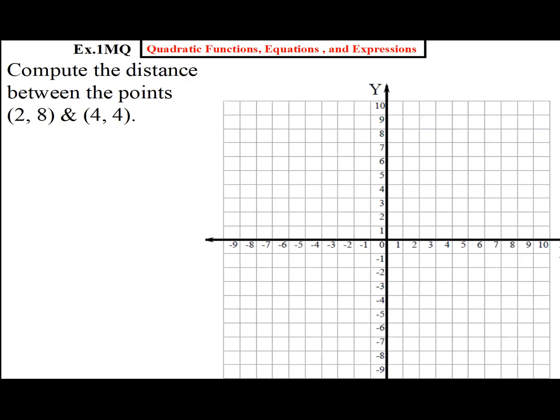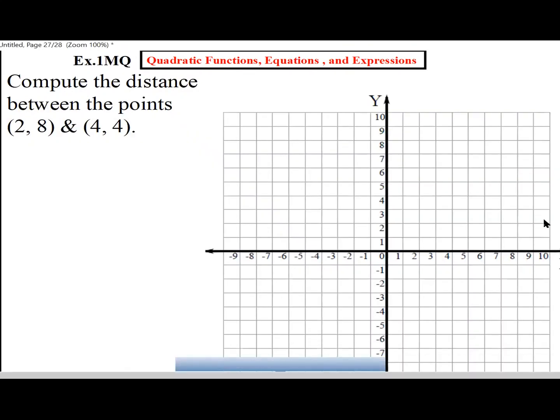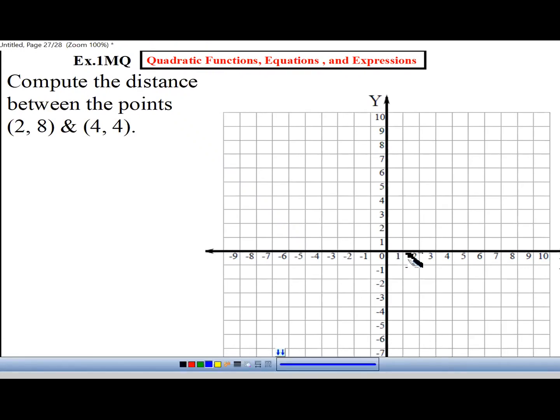All right, so let's plot those points. Here we go. (2, 8) is about right here. (4, 4) is about right there. So here are my 2 points.